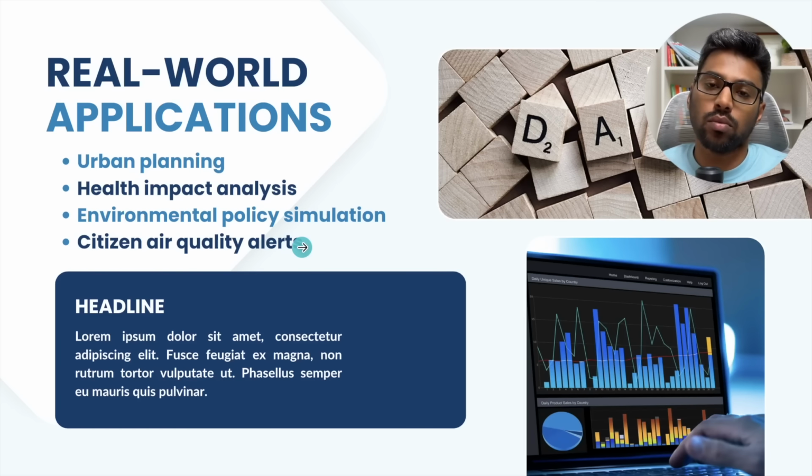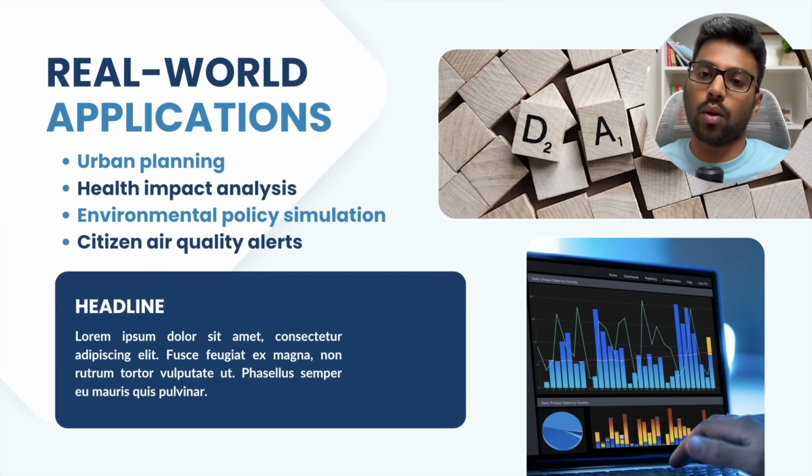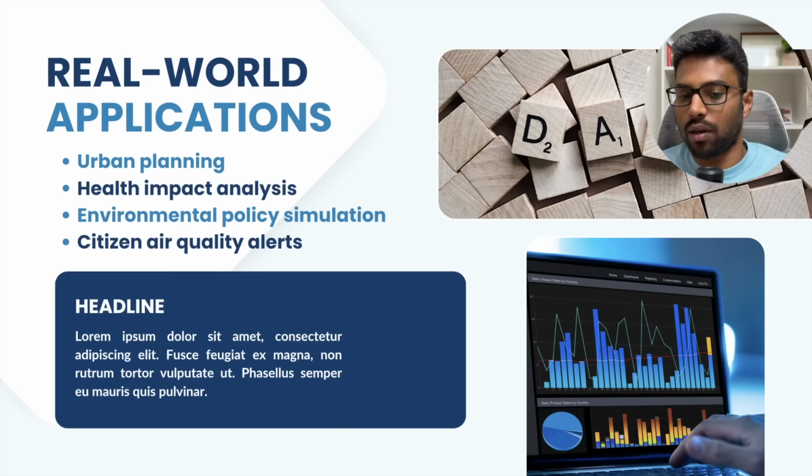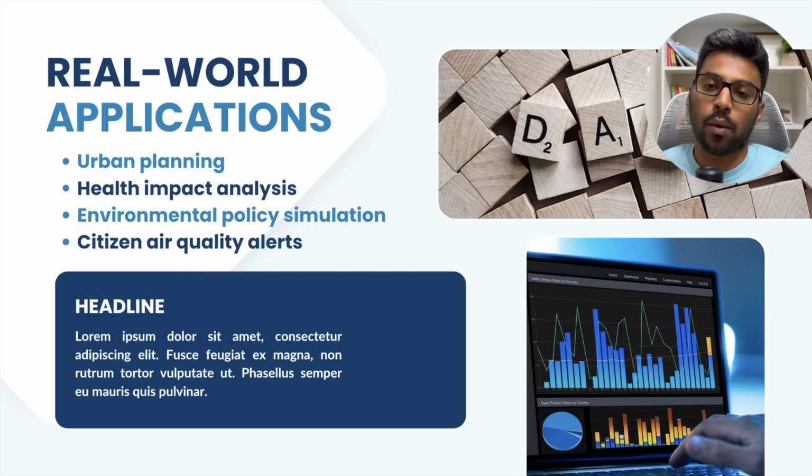You can also leverage the Data Activator capability in Fabric, which we will look at in another opportunity, and create alerts if it's breaching some limit for any particular location. Then citizens will get air quality alerts, be aware of what the level is, and take some precautions to avoid going out and stay indoors and things like that to prevent any harm to their health as well, right?